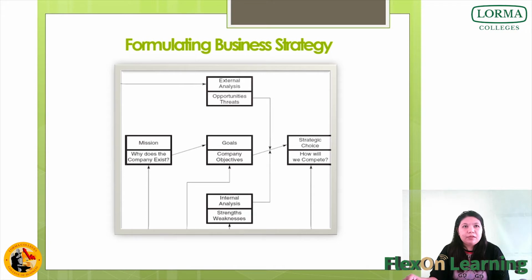We do strategies in order for our company to become competitive. We also do the external analysis that involves opportunities and threats, and then the internal analysis that involves strengths and weaknesses. So that from that you could formulate any strategy that would give your company an advantage. Okay?